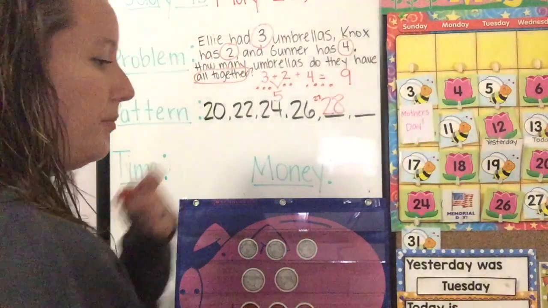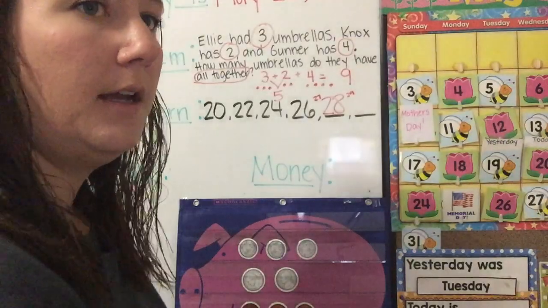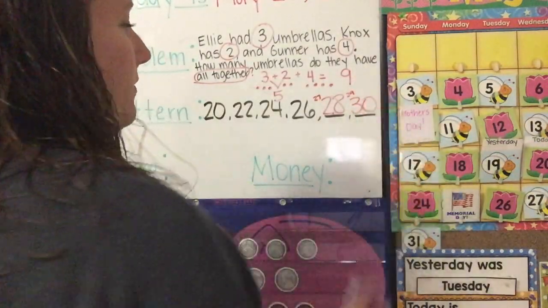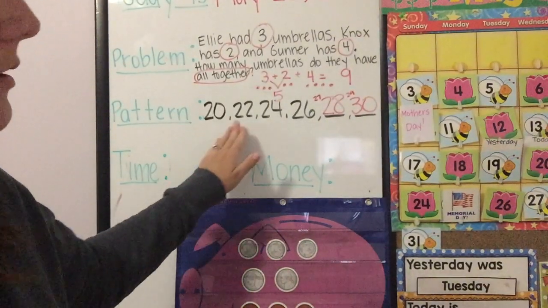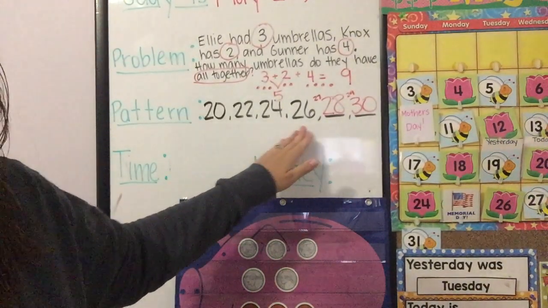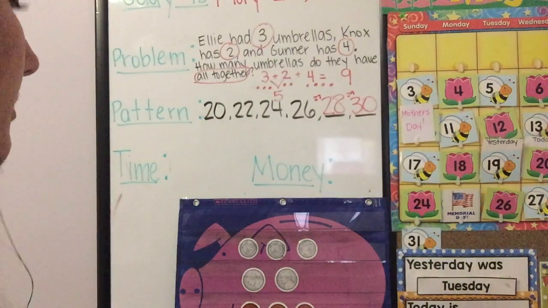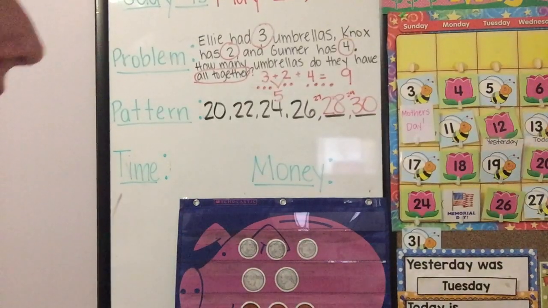I know I need to skip the next number, so I'm skipping 29. And after 29 comes 30. Good, so let's say this one more time. 20, 22, 24, 26, 28, 30. Good job.